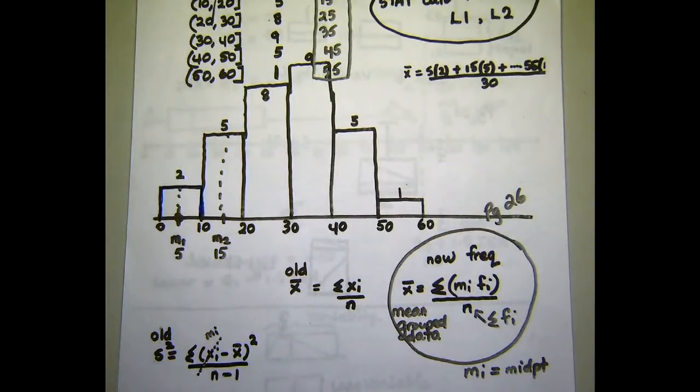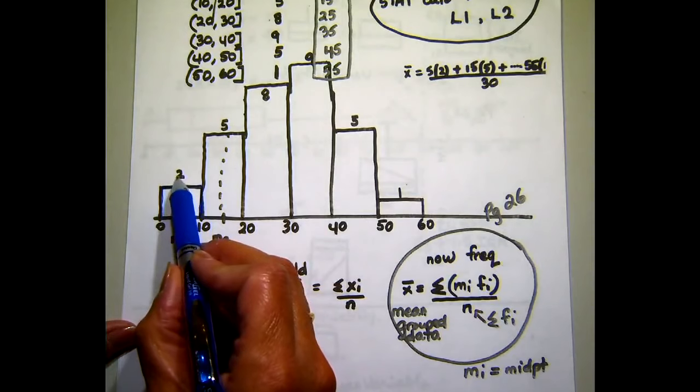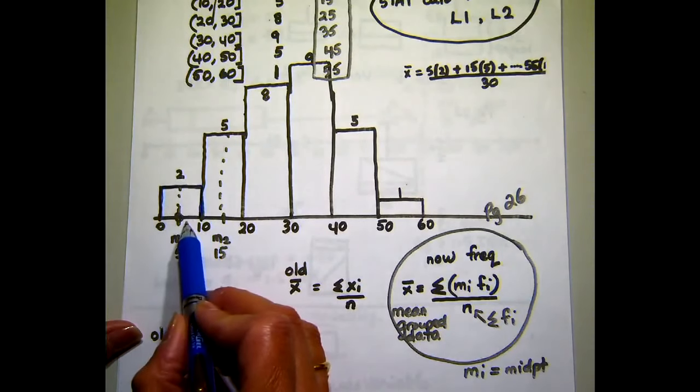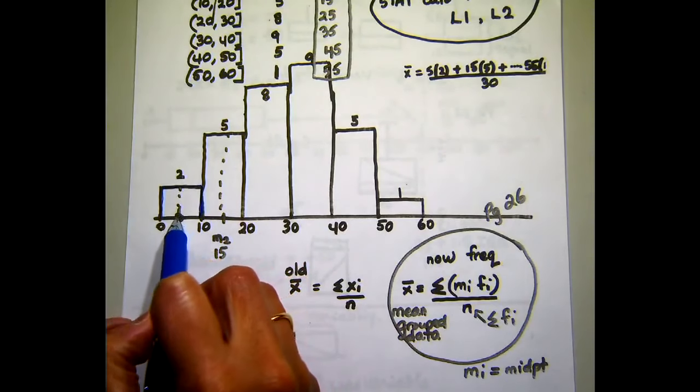So first of all, the assumption is that all the data occurs at the class mark, which is the midpoint. I know the frequency is 2, but I don't know what the data value is between 0 and 10. So I'm assuming that this data value is a midpoint, which is 5.